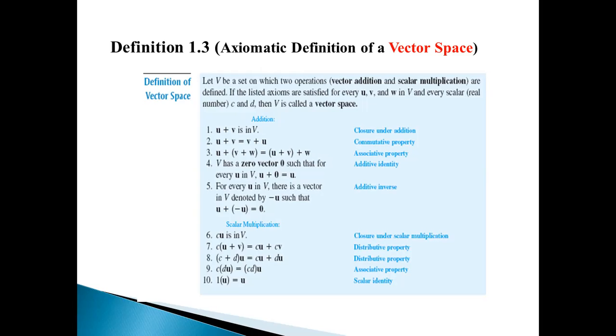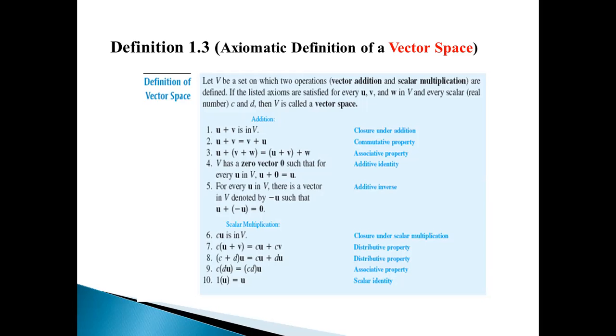So we need a more rigorous definition which does not use characterization and properties to tell us what a vector space is.